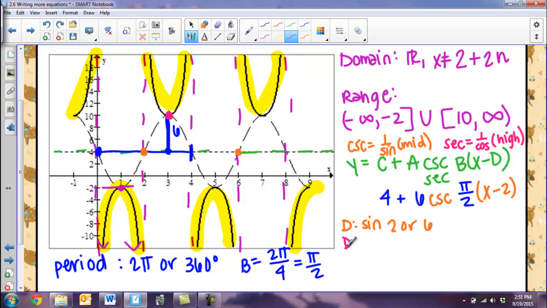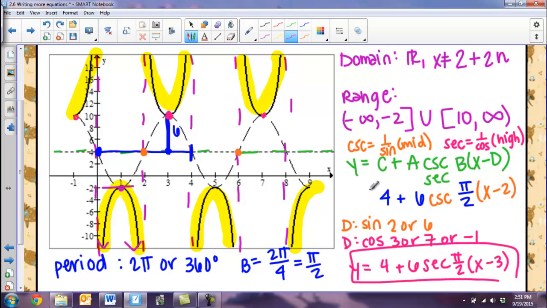So if I wanted to use a cosine here, or for a secant, I would have a 3 or a 7, or you could even go backwards over here and pick -1. Okay, and so when you write your equation, it's going to be the same thing. You're going to have y equals 4 plus 6 secant of (pi over 2 times (x minus d)), and you're going to have your new d value, which would be 3.